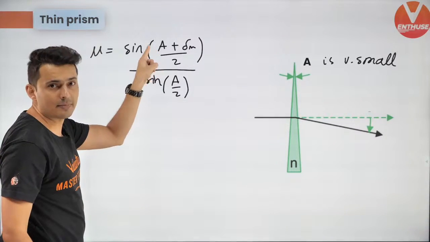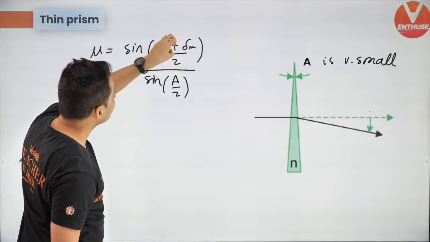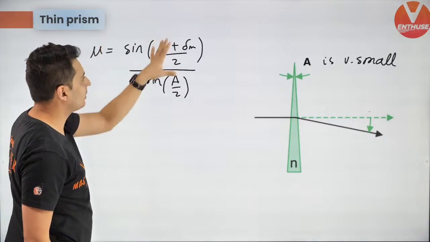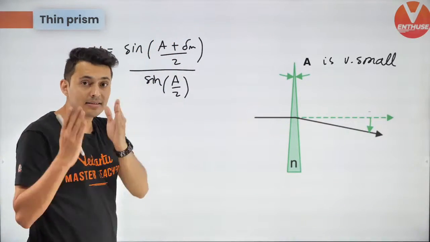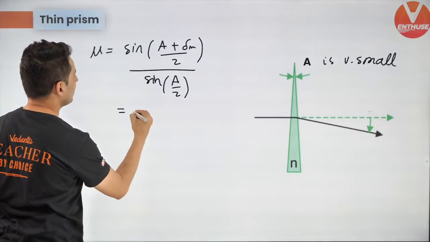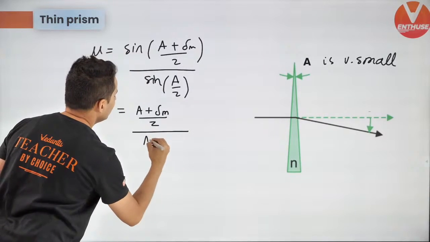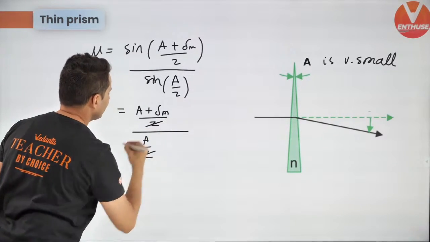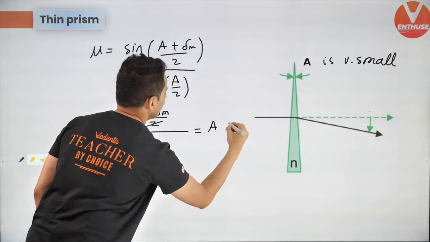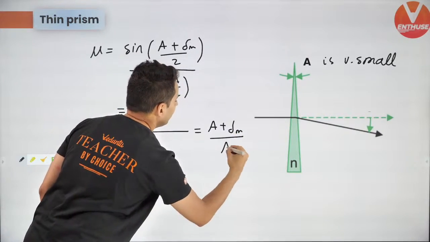When the angle is small, whatever is there inside of the sine becomes that angle. Remember, sine theta is theta when theta is small. So this will become (A plus delta m by 2), whole thing divided by A by 2. 2 cancels. So you will just have (A plus delta m) divided by A.